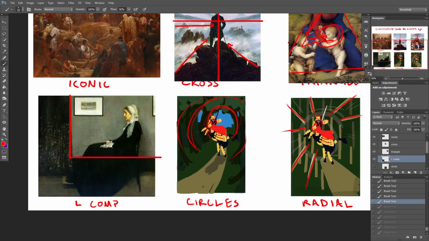Something else about the circle composition is that, in this case, it's a good example of how perspective lines can create a natural, strong composition. In this picture, we really just have a one-point perspective happening, so all of these shapes are leading to the center focal point, which is our character, of course.